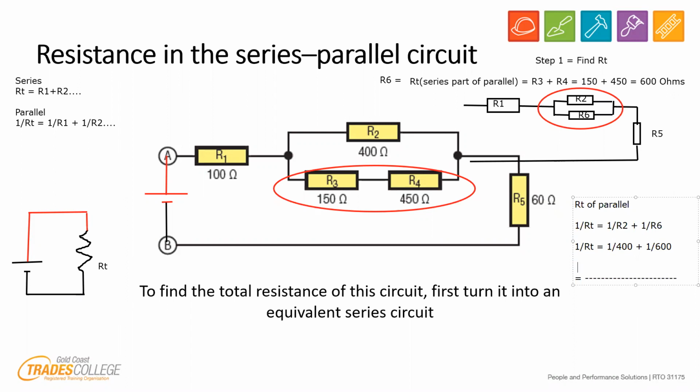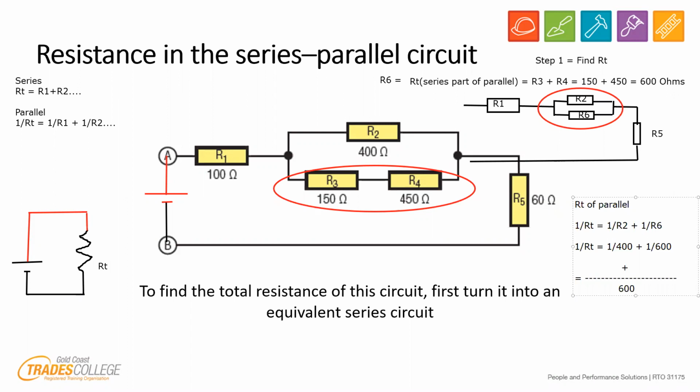Remember, I'm going to put my common denominator at the bottom, the largest of the 2 resistors. So 600 obviously larger, and I've got my plus in the center, which I can bring down.